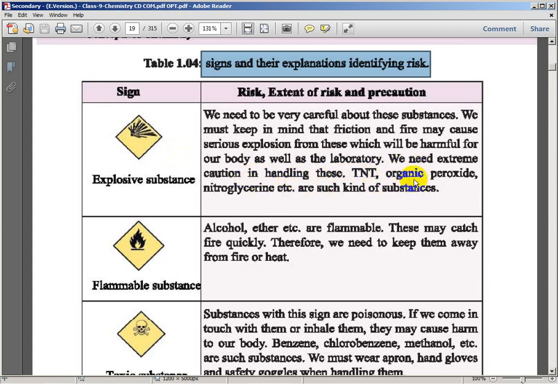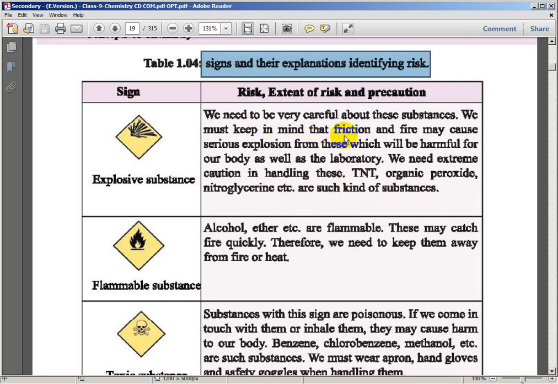TNT, organic peroxide, and nitroglycerin, etc. are such kinds of substances. Okay, what type of measures we should take is not given here. You must keep in mind not to cause any friction.